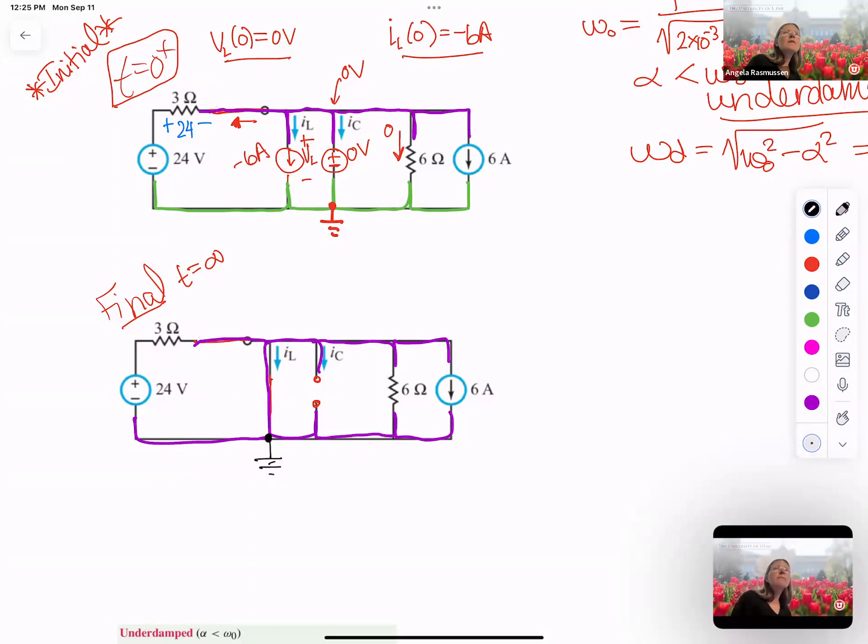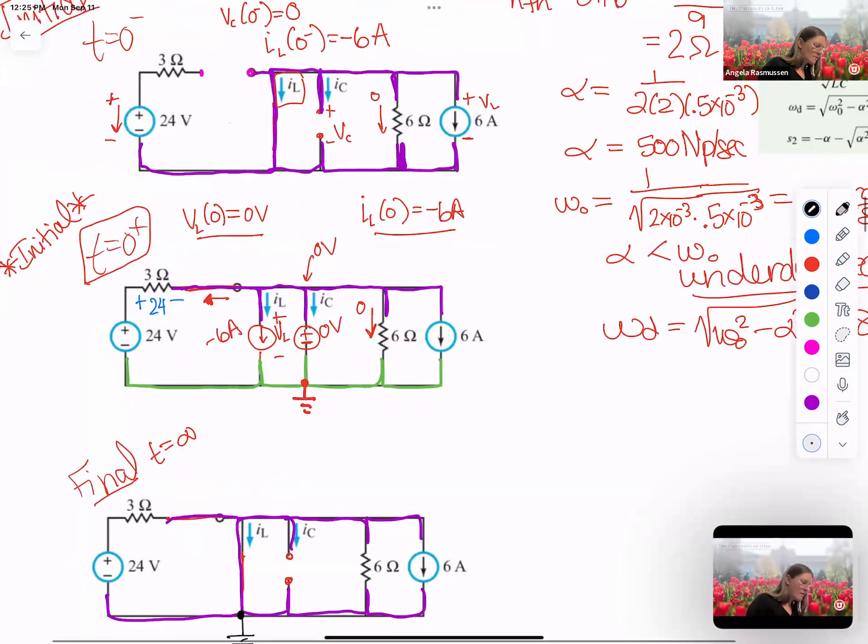Yeah. I didn't have the intuition to see that the current going through the 6 ohm resistor is 0. Would it be possible to demonstrate that mathematically? Say that again. Which one? Could we show how the current through the 6 ohm resistor is 0? You know that 0 volts is on the top, right? Right.